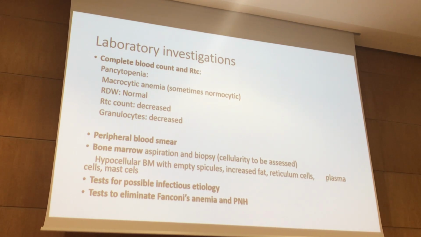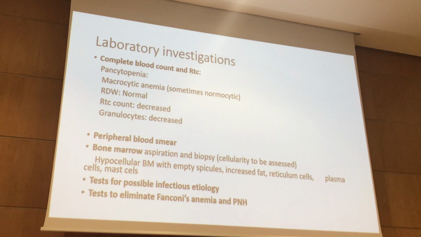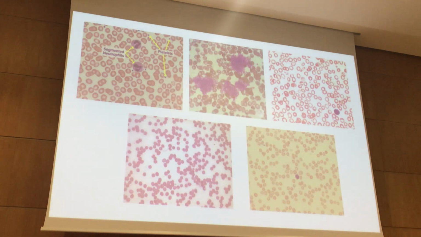Also, you should see the bone marrow to differentiate from other disorders such as leukemias or infiltration of the bone marrow with other cells. Of course, if you are suspecting an infectious etiology, tests for infections should be carried out. And if you are suspecting an inherited bone marrow failure, such as Fanconi anemia or paroxysmal nocturnal hemoglobinuria, tests for these disorders should also be given.